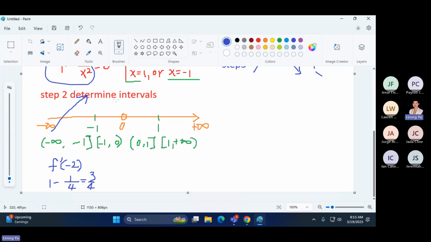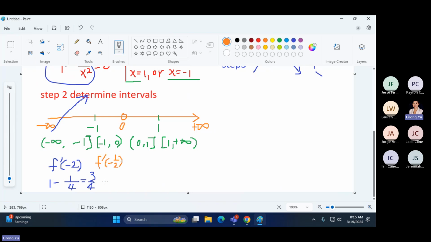And then the second interval. The second interval is this one, -1 to 0. On that interval, we also need to know if it's increasing or decreasing. But we have to pick a random number. I'm going to pick -1/2. So we're going to calculate f prime of -1/2.